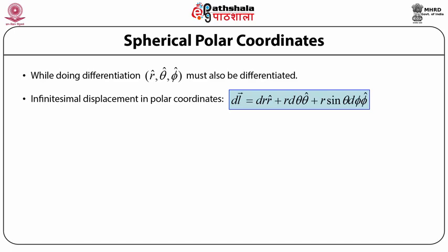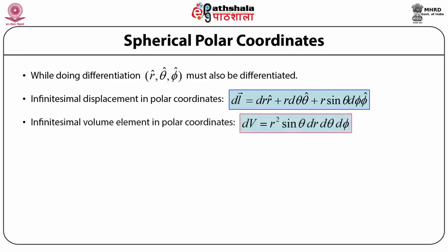Thus, in this manner, we have defined an infinitesimal displacement in the spherical polar coordinates, where dr, d theta, and d phi are the infinitesimal displacements in the spherical polar coordinate system.